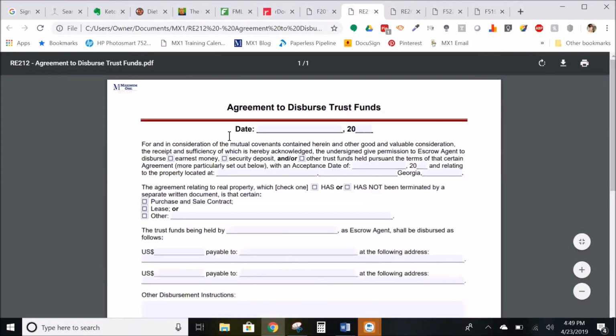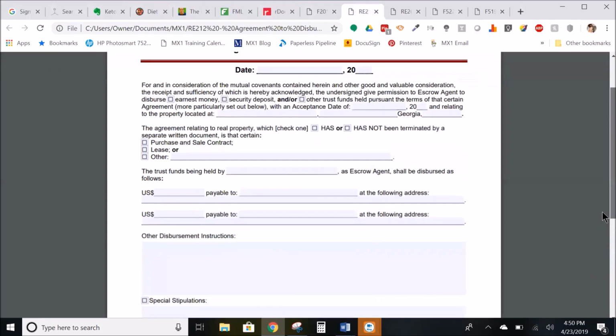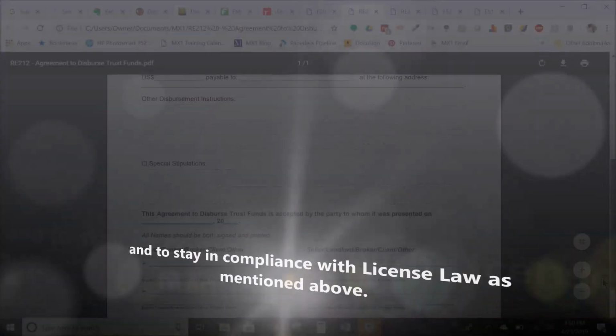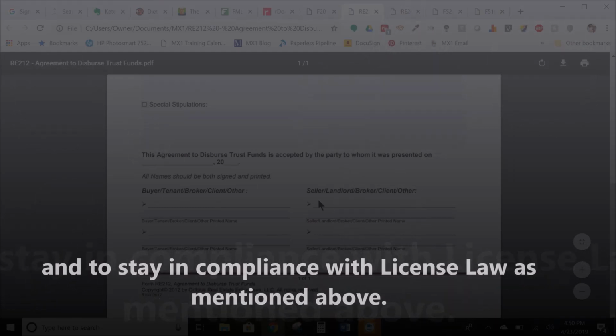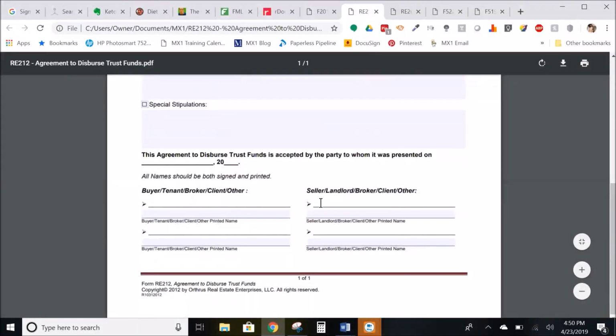So you are going to fill out, this is agreement to disperse trust funds, earnest money, acceptance date, location of the property for purchase and sale agreement, the trust funds being held by, you name the holder of the earnest money, the amount of money payable to, and that would be either the buyer's name or the seller's name, at the following address. And this form, since it is agreement, you will need both the buyer's signature and the seller's signature.